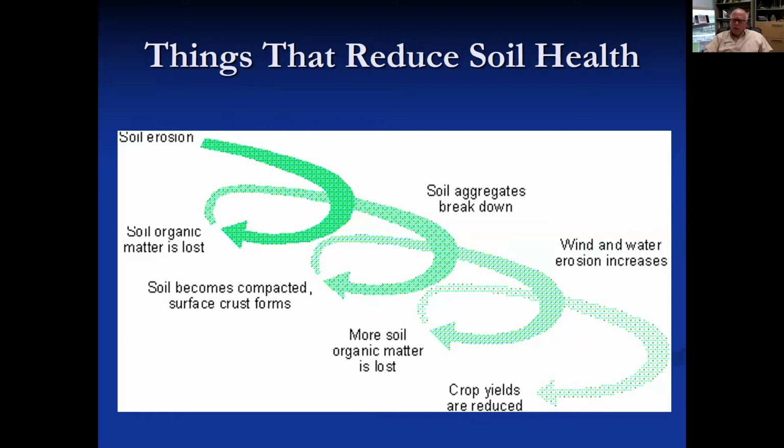So anything that we can do initially to protect against soil erosion and the loss of organic matter and soil aggregate or structure breakdown, then we're going to be able to maintain and then build upon that system in order to enhance not only soil health, but then its overall optimal function in terms of soil-water-plant relations.